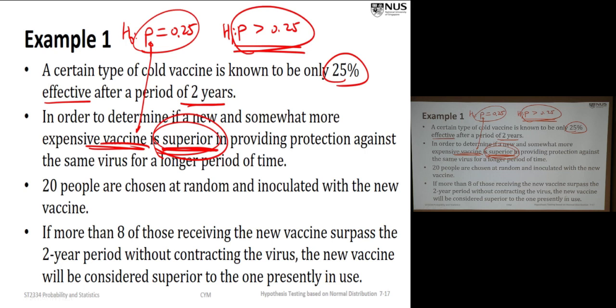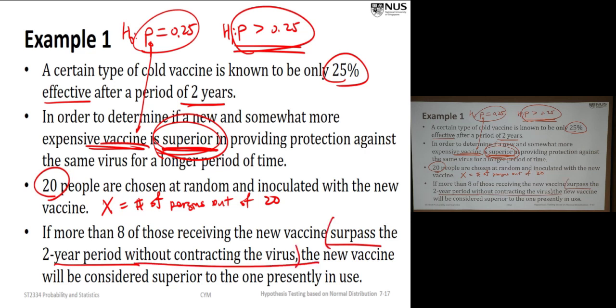So the decision rule is based on X, where X is the number of individuals out of 20 that surpass the 2-year period without contracting the disease. This is considered a success.